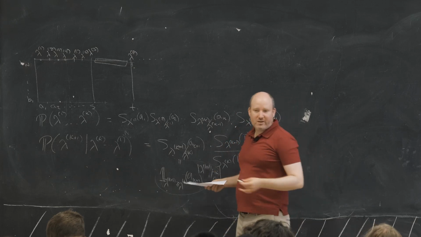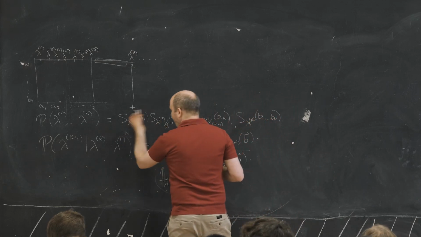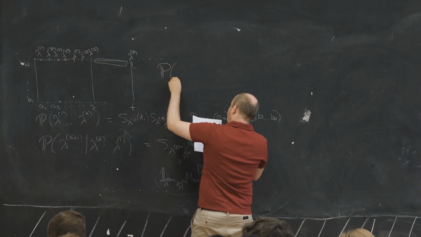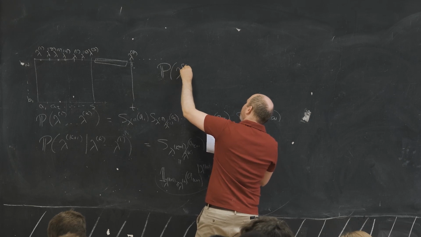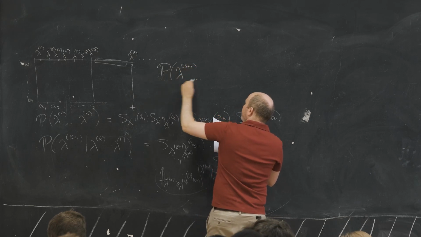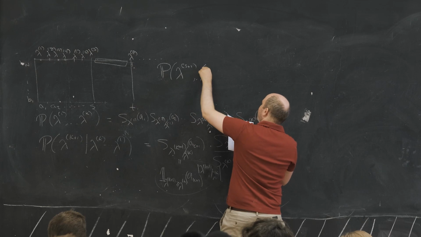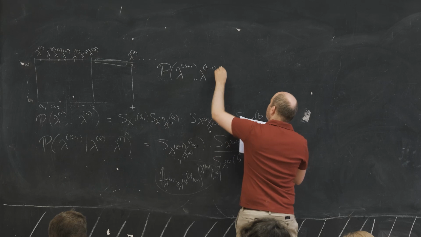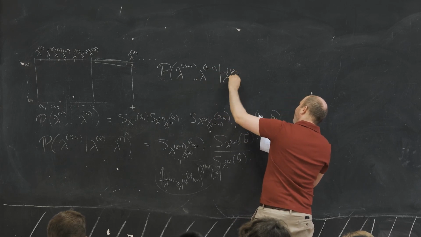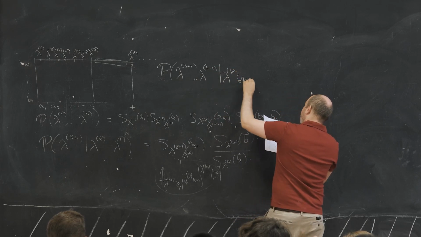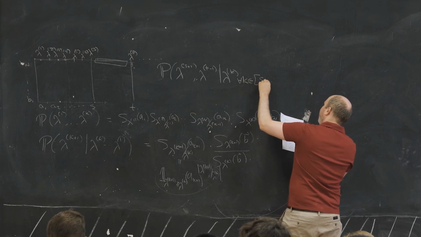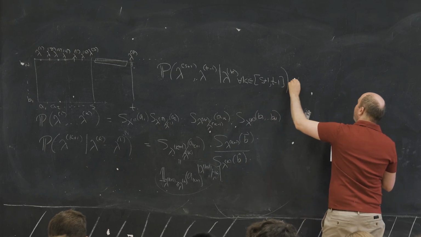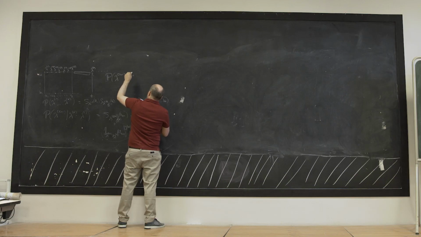But of course, because this is a Markov chain, because we have this nice description, we can write this down, and we see that the law of the collection internal to this interval, lambda s+1 to lambda t-1, given all of the lambda k for k not in the interval s+1 to t-1, is actually proportional to what?